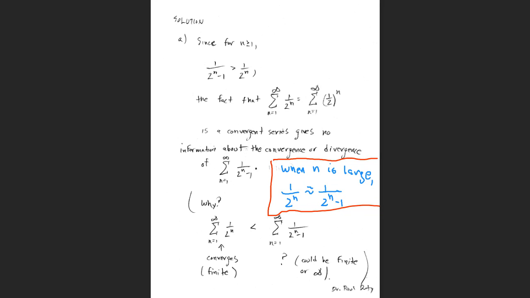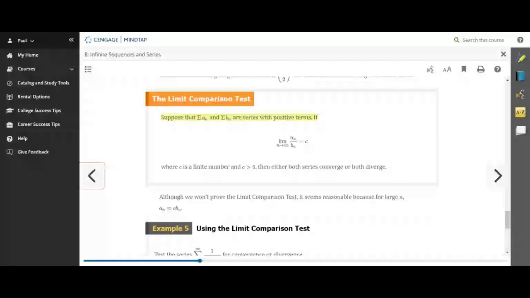So we're going to use another test to help us here, called the limit comparison test. Let me go back to the ebook and show you this test. This is section 8.3.